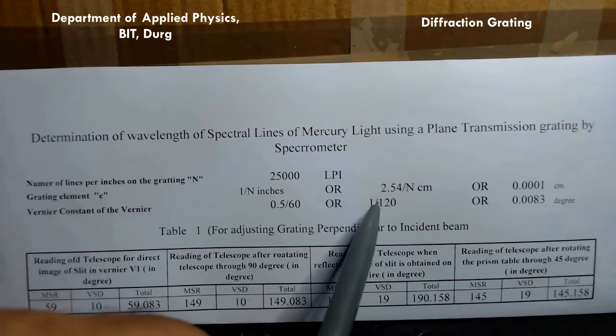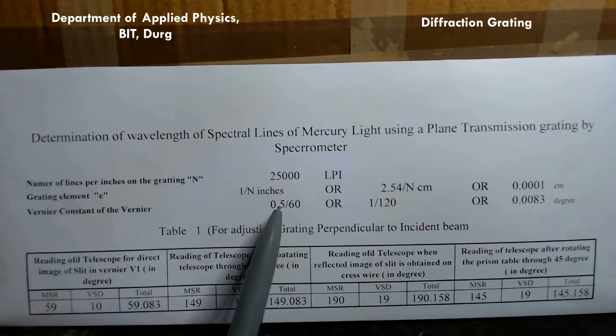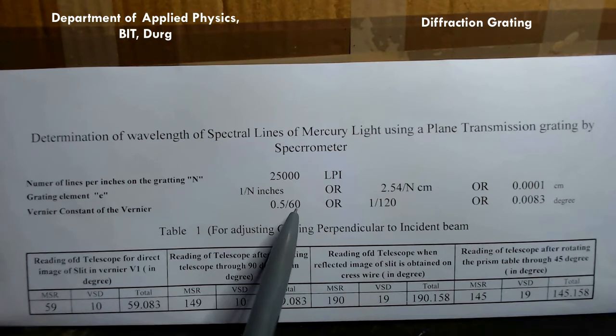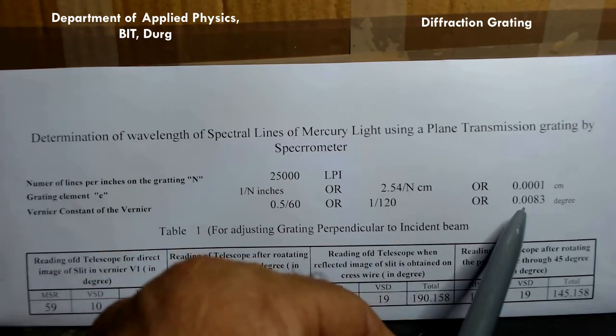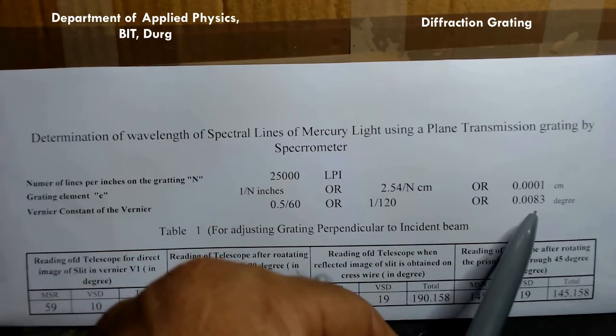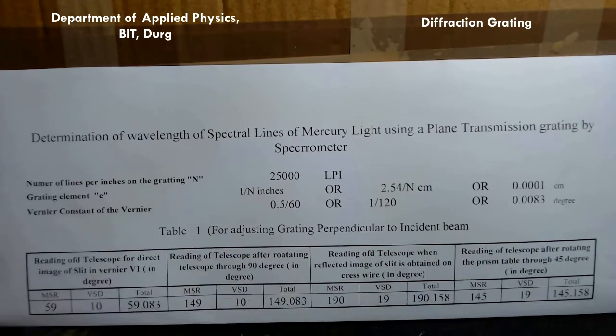If I put the value, it is 0.5 divided by 60. 0.5 is the value of one division of the main scale, and 60 is the total number of divisions on the vernier, which is equal to 1 upon 120, and when calculated it becomes equal to 0.0083 degree. So this is the least count of the vernier used here for the measurement of angular separation.